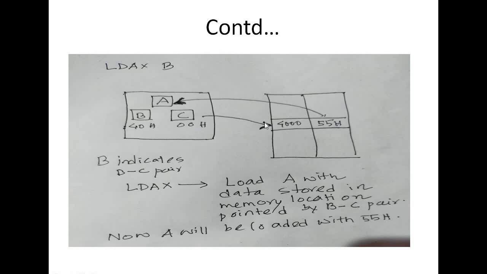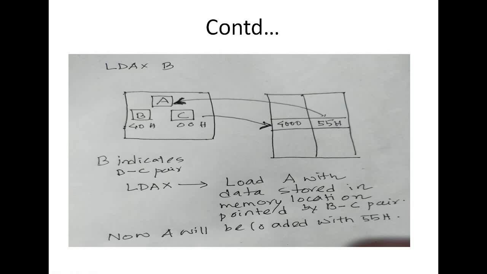The processor will immediately understand that it has to access this particular memory location 4000H, because the data is there and I have to load the data into the accumulator. From that memory location 4000H, it will find the data 55H, and as soon as it finds the data 55H, it will load 55H into the accumulator.